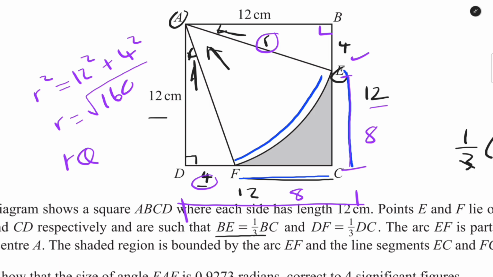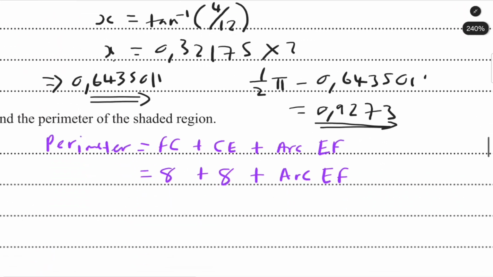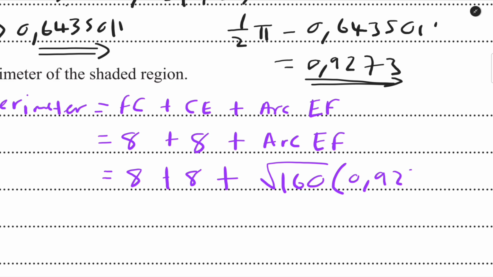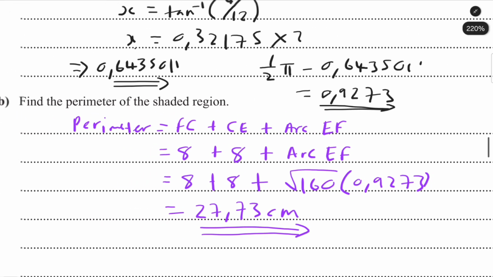That's our r, and the theta value that we calculated in part A. So perimeter is 8 plus 8 plus r theta, which is root 160 times 0.9273, and we get our perimeter as 27.73 centimeters. That's the perimeter for the shaded region.